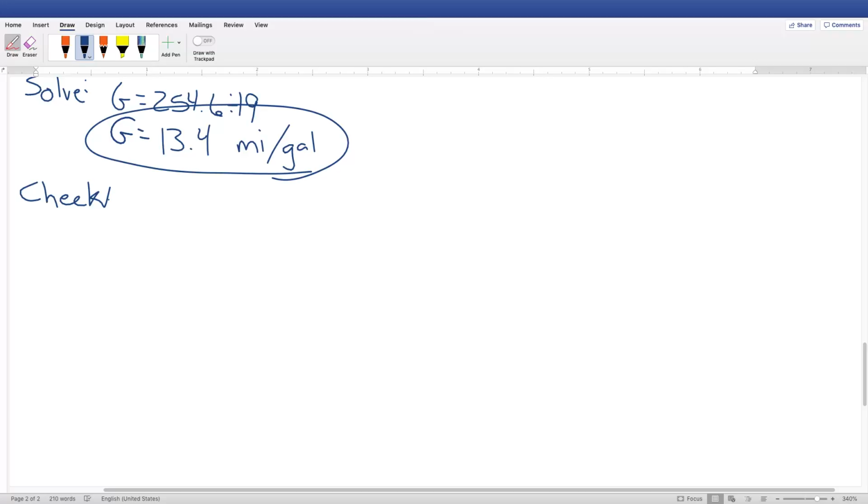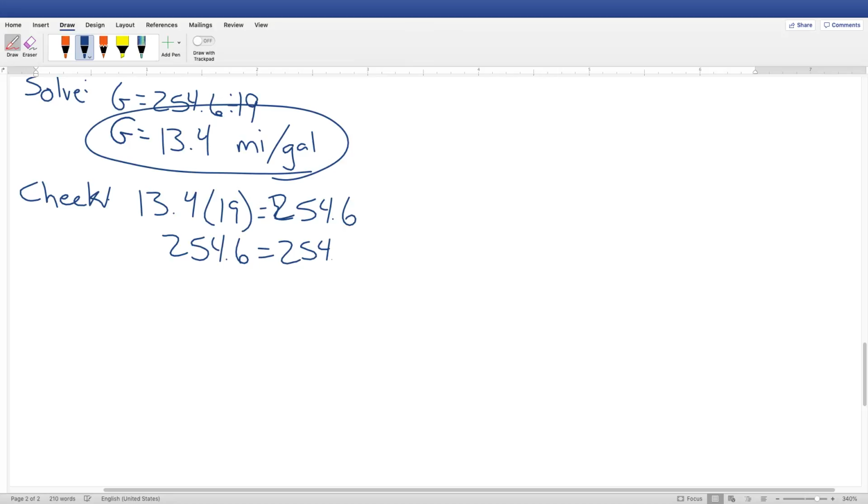What was my G value? 13.4. We multiplied it by 19, and I'm hoping that it gives me 254.6. When you type it in your calculator, 254.6 is equal to 254.6. So it does check. We plugged it back in.